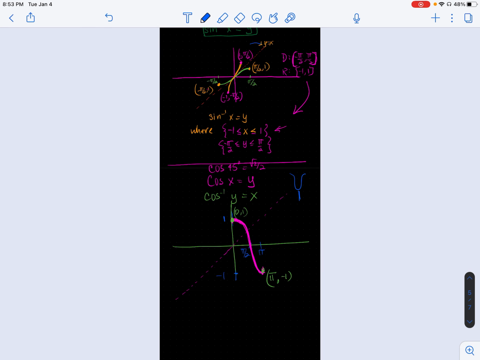Be patient, because I have to again tilt my head towards this line and draw the inverse of that. So if I were to just draw the inverse of this part of the pink, this is going to look like this, right? And if I were to draw the inverse of this part of the pink, I would go on the other side.